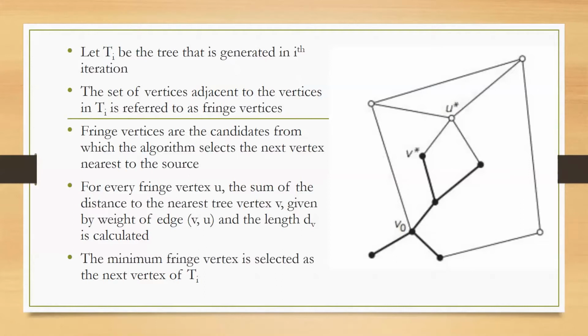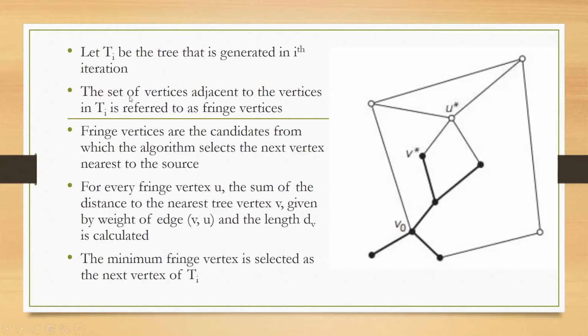That means starting from a single vertex, the tree keeps expanding, isn't it? And at any point of iteration, the tree or the subgraph, whatever you get, we call it as Ti. So that is the first point here: let Ti be the tree that is generated in the ith iteration.